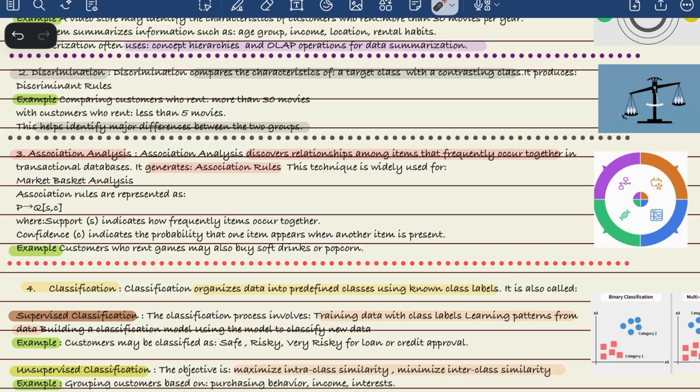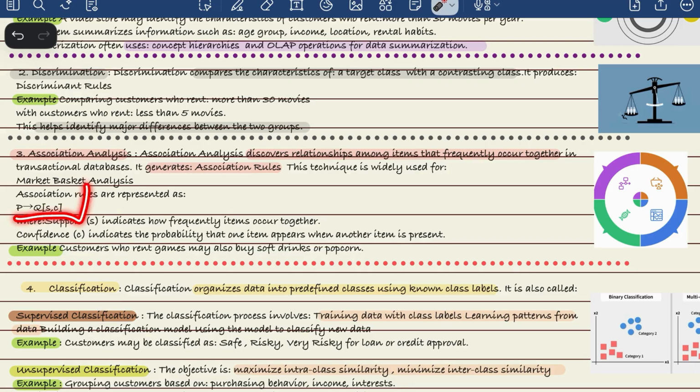And if I give you the example for the streaming app, you know that teenagers who stream gaming videos have 55% probability of ordering soft drinks and popcorn. So how do you know this? This is what you take out using association analysis.